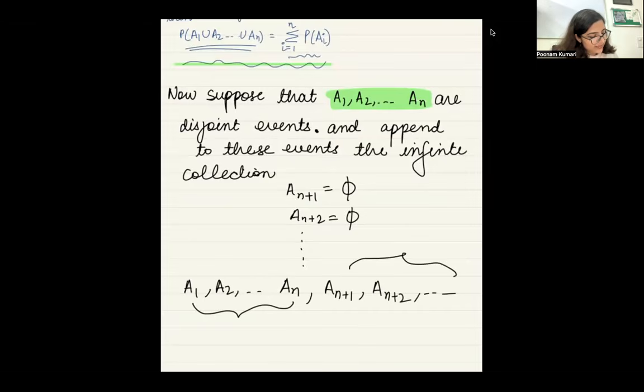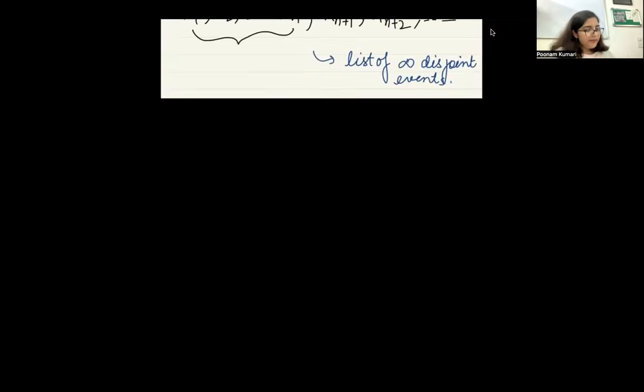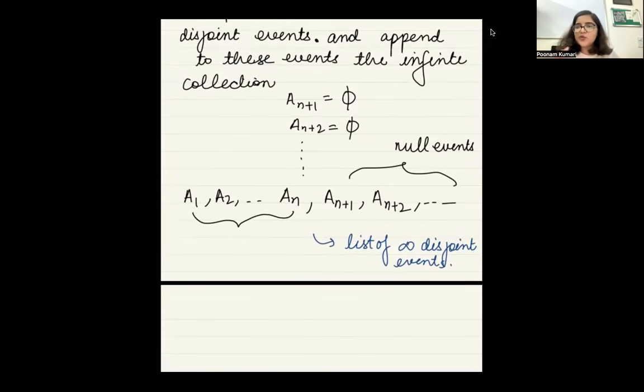And all these are null events, right? Yes. So this is your list of infinite disjoint events. Yes or no? Yes. And because you have a list of infinite disjoint events, you can apply axiom 3 in this case. Yes or no? Right?